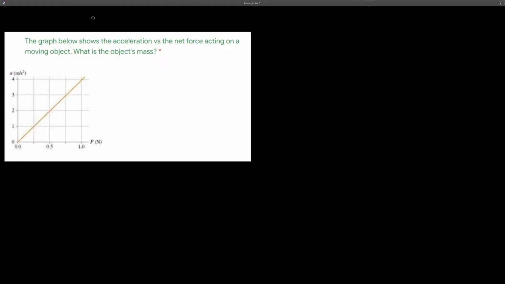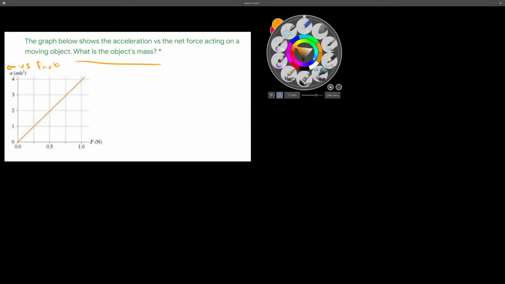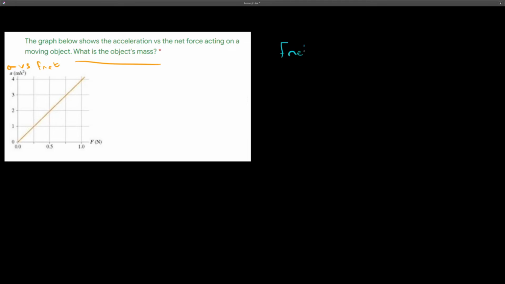The graph below shows the acceleration versus the net force, F net, of a moving object, and it wants to know the mass. So what do we know about acceleration, net force, and mass? We know the relation F net is equal to ma. So if we want to calculate the mass, we divide by A, and the mass is equal to the F net over the acceleration.